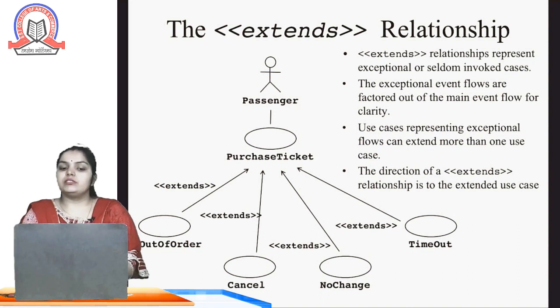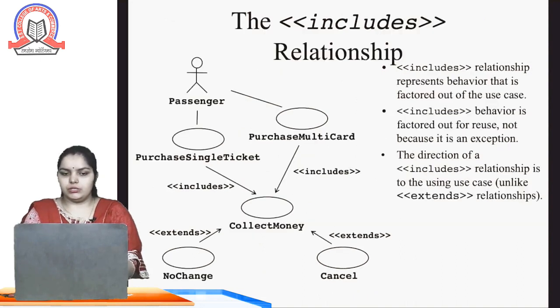So the exceptional event flows are factored out of the main event flow for clarity, and use cases representing the exceptional flow can extend more than one use case, and the direction of the extend relationship, as I told you, is to the extended use case.